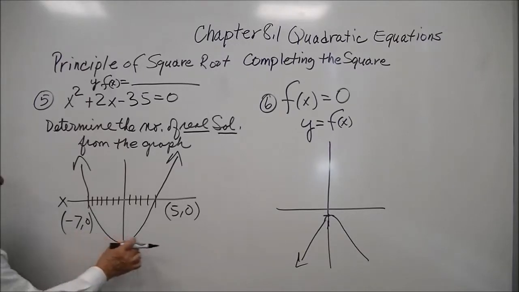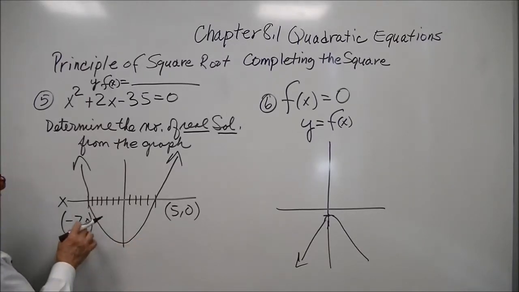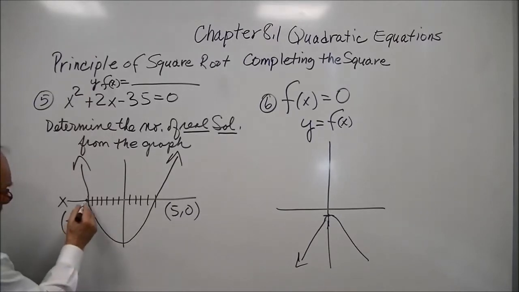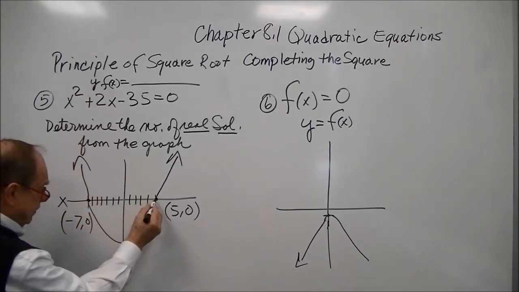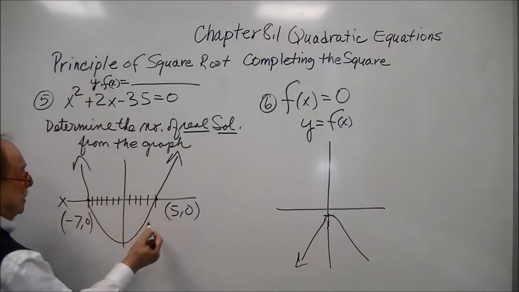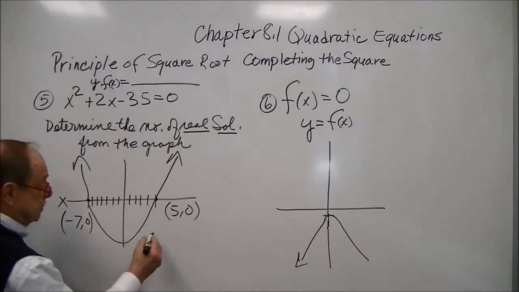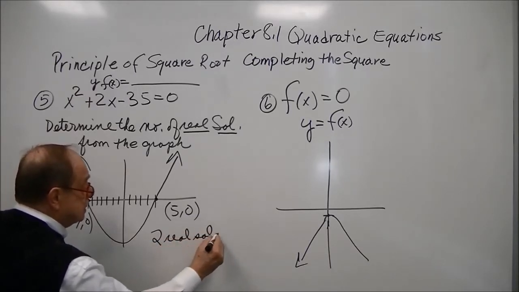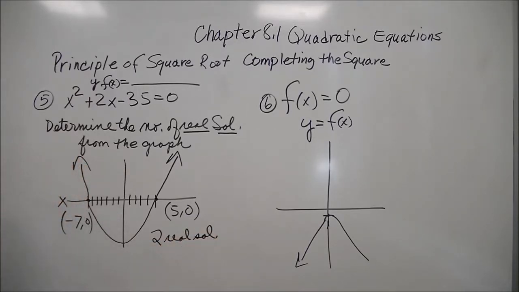And these are our ordered pairs. These are x-intercepts, and they're crossing here and here. So the question is, how many do you have? Well, we have this one and we have this one. So the answer is we have 2 real solutions.